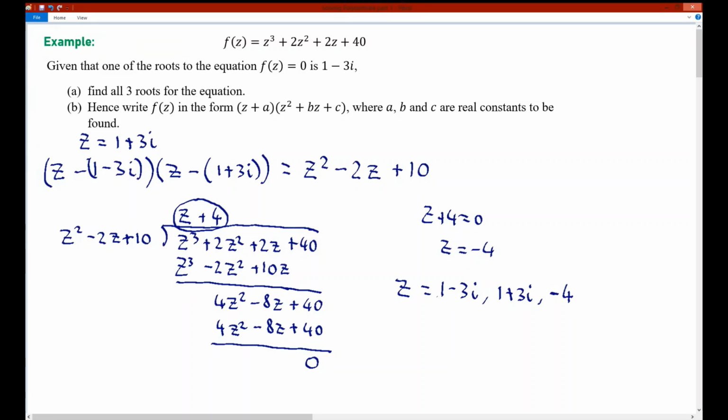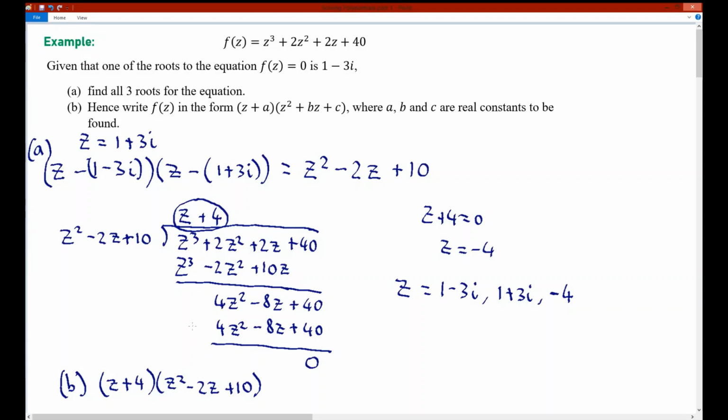We've actually already done part B at the same time as doing part A, because it means we know this particular cubic factorizes to be, we write part B there, part A there, z plus 4 times the quadratic z squared minus 2z plus 10.